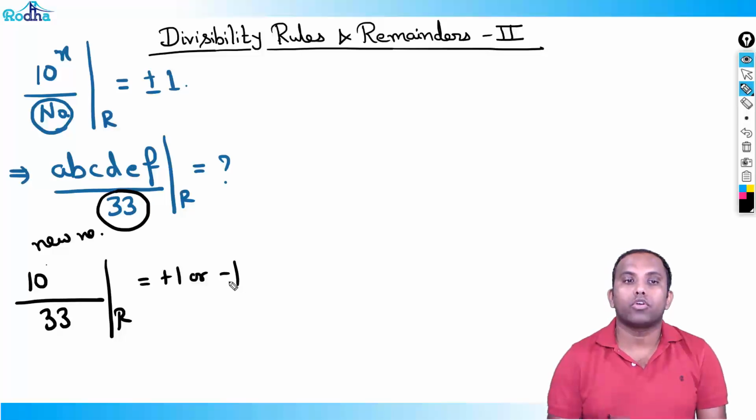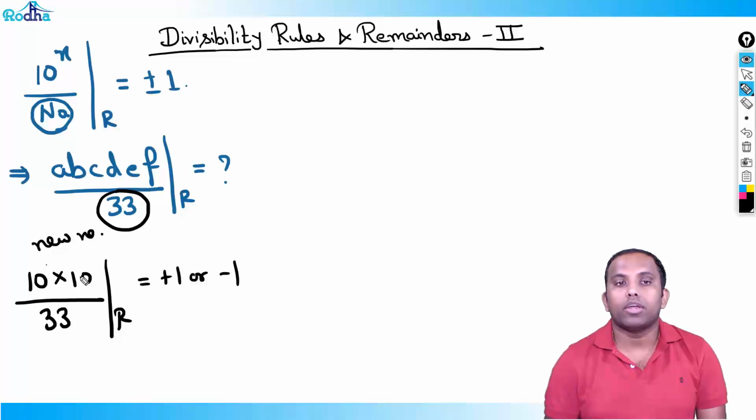Obviously 10 by 33 will not give a remainder of 1 or minus 1, so let's move to 10 square. 100 by 33 gives a remainder of plus 1. Yes, we got it. That means 10 square by 33 gives a remainder of plus 1.